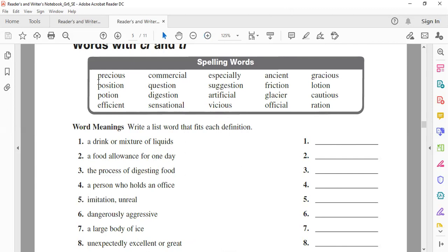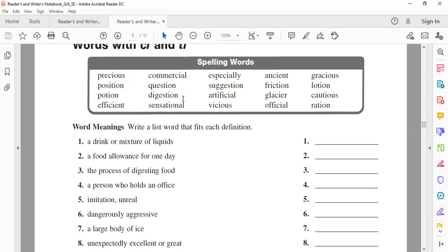Precious. Commercial. Especially. Ancient. Gracious. Position. Question. Suggestion. Friction. Lotion. Potion.